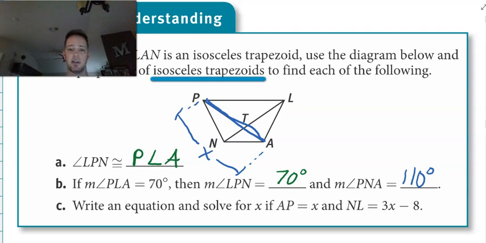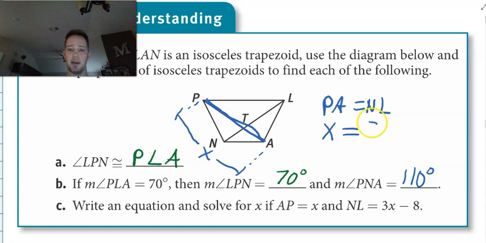So this one's actually really easy. PA equals NL. X equals 3x minus 8. And subtract x from both sides. Add 8 to both sides. Divide by 2, we get x equals 4.